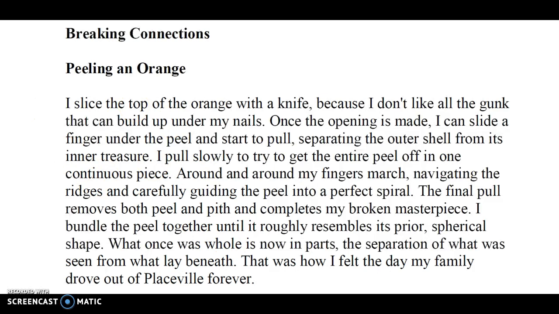So suddenly, very suddenly but very fluidly, we went from tiny half-second sentences to, boom, big idea. "The separation of what was seen from what lay beneath." And then I just tossed this in there at the end: "That was how I felt the day my family drove out of Placeville forever." So that's how we connect back to the other aspect of it.